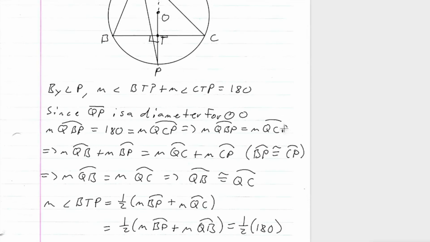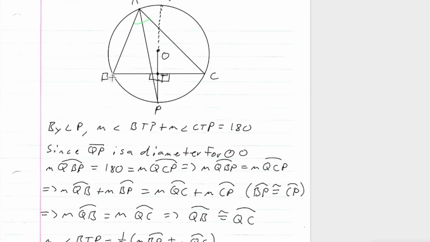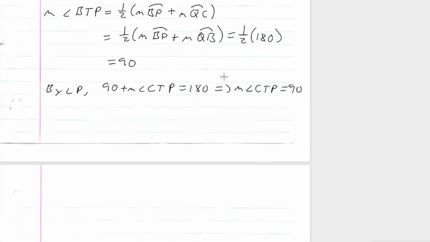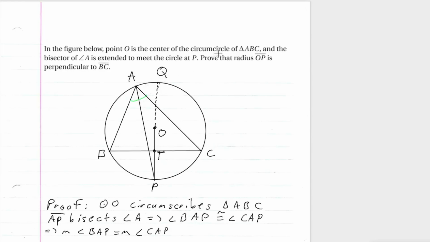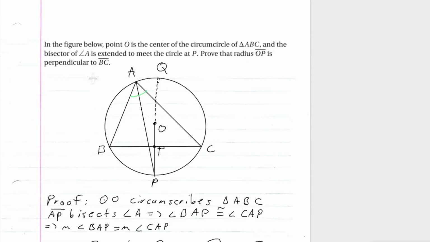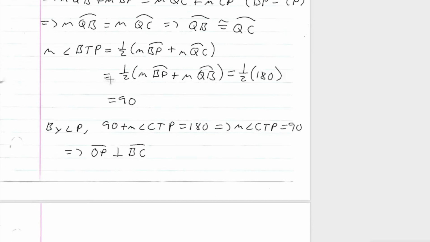So now I have this is also equal to 90. So of course, this means that OP is perpendicular to BC, which is exactly what we wanted to prove. We wanted to prove that the radius OP is perpendicular to BC. That is the proof.